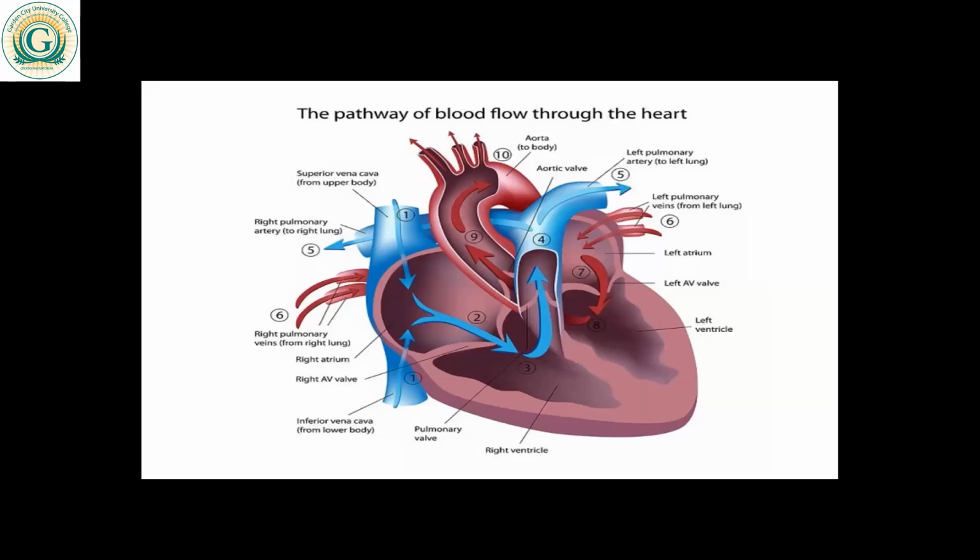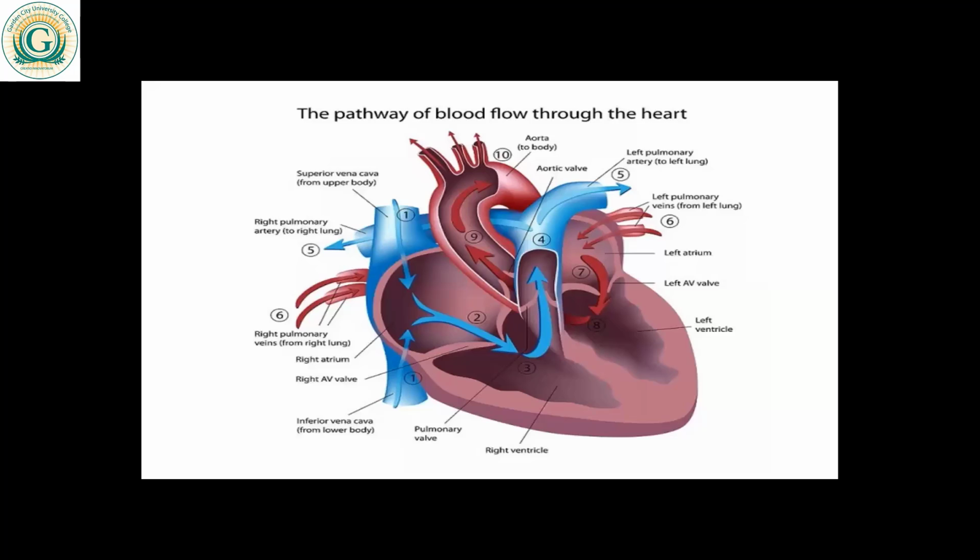So we said that deoxygenated blood, that is blood which has gone through the system and the oxygen in it has been used, enters back into the heart through the superior vena cava, that is the upper part of the body.